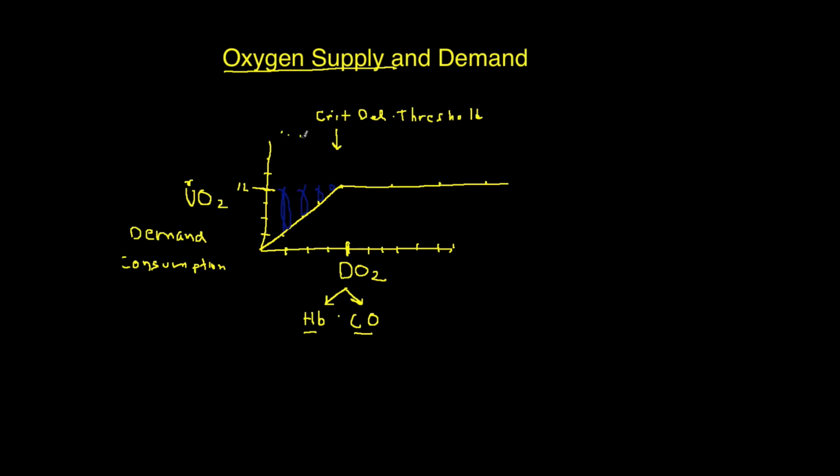This part of the curve is called the oxygen-dependent part of the curve, and this part of the curve out here is the oxygen-independent part of the curve. This is very important to know because in assessing critical illness, assessing endpoints of resuscitation, you really want to make sure that your patient is living out here on this part of the curve, not down here in the oxygen-dependent part of the curve, or the supply-dependent part of the curve.